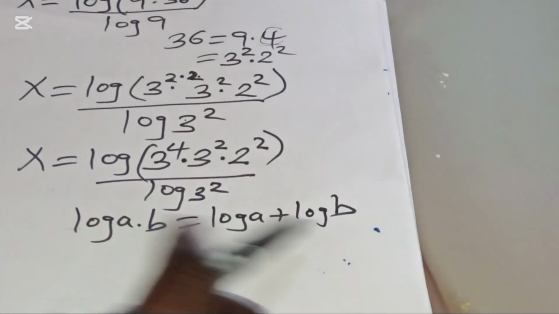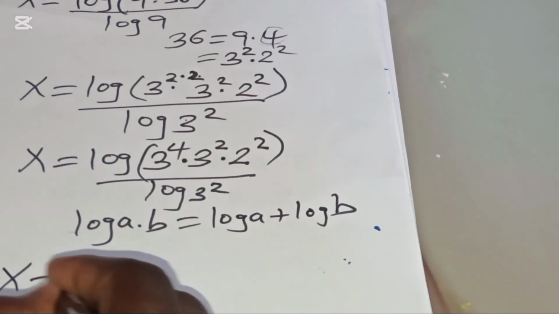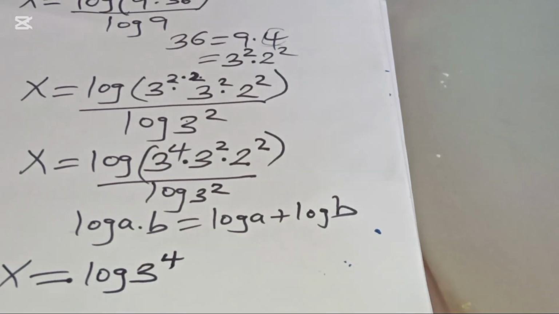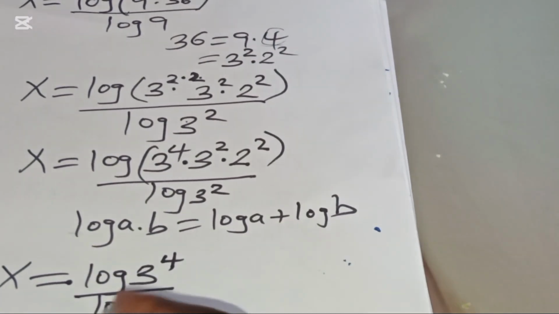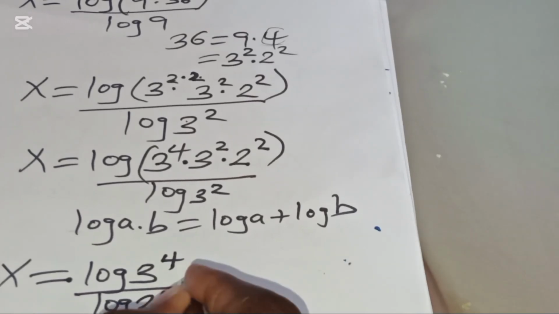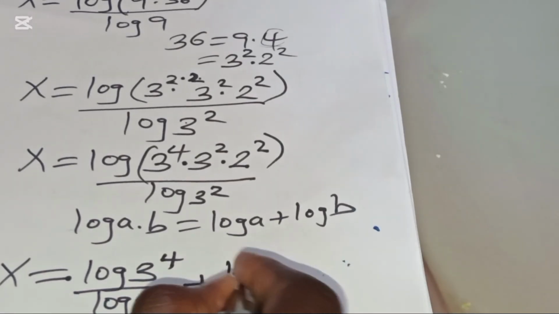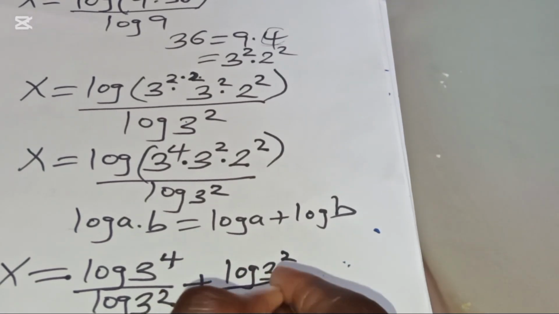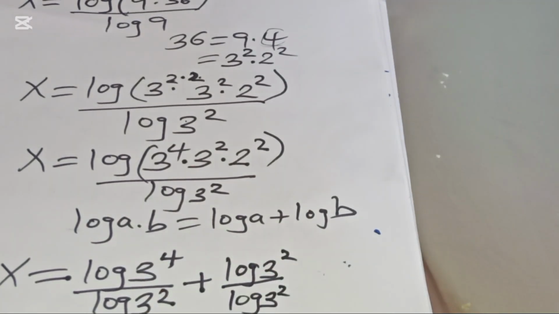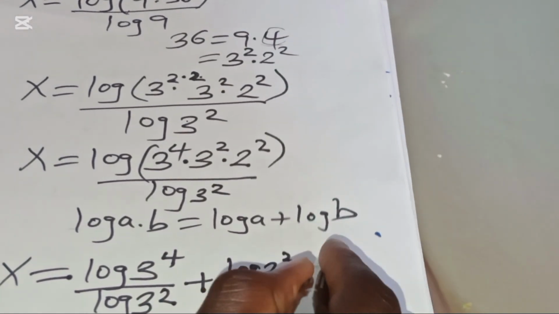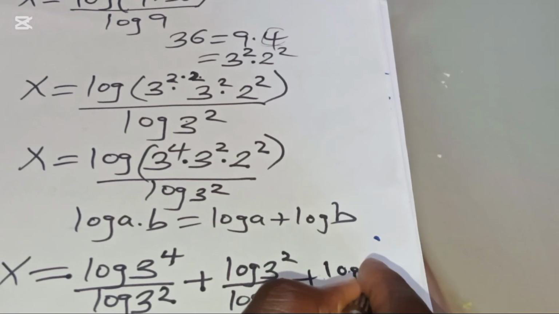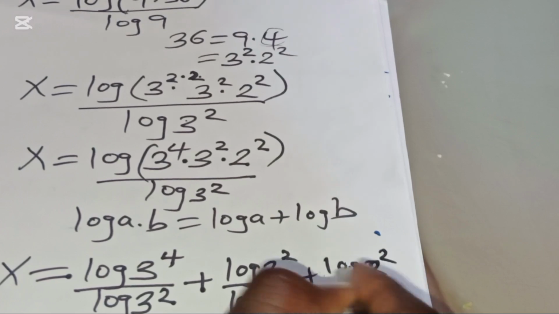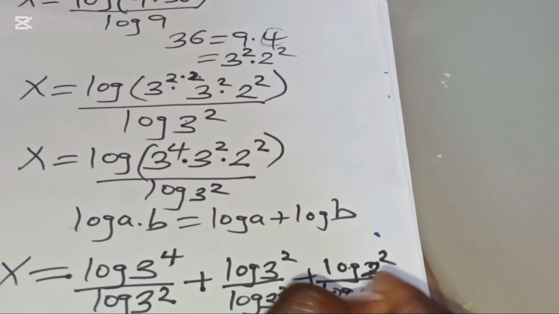Okay, so applying this identity, we'll have x is equal to log 3 to power 4 divided by log 3 to power 2 plus log 3 to power 2 divided by log 3 to power 2, okay, plus log 2 to power 2, sorry, divided by log 3 to power 2.